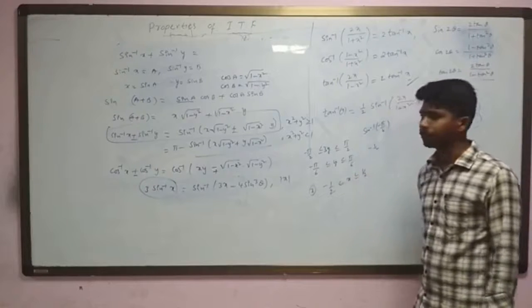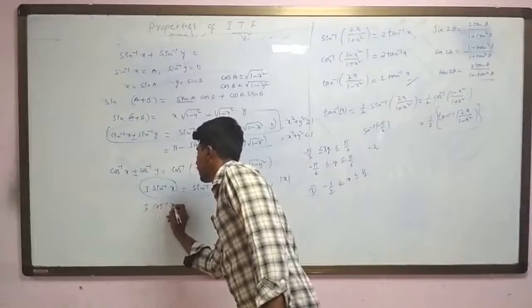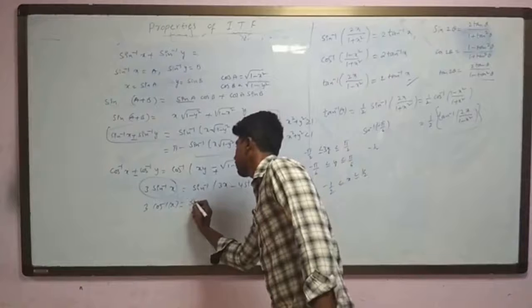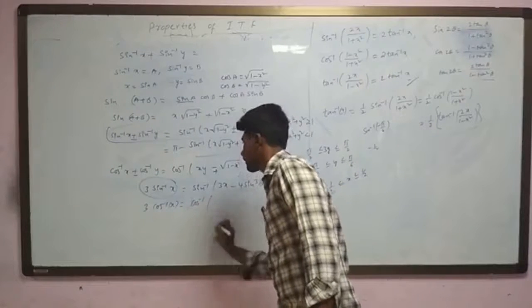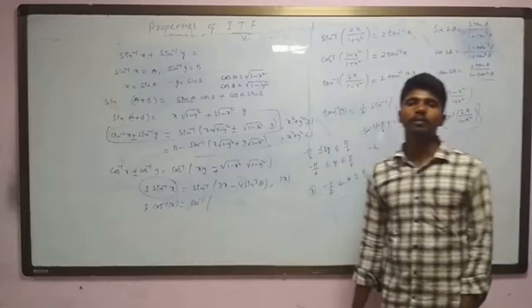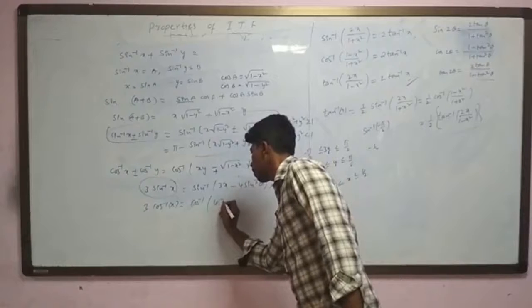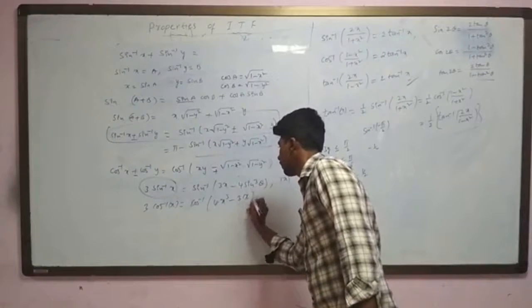The same way, 3 cos inverse x, using the cos 3 theta formula, 4 cos cube theta minus 3 cos theta. So we write it as 4 cos cube theta minus 3 cos theta.